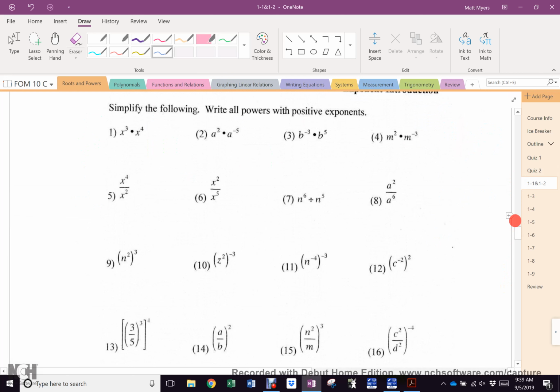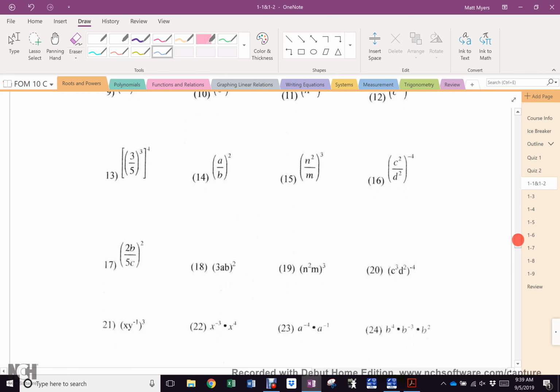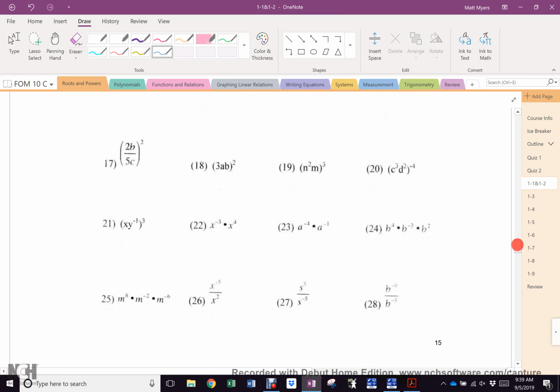Now, there's a couple of things I want to point out because the printing is not so good on your copies. Look at number 23. Can you see that that is a to the negative 4 times a to the negative 1? Look at 26. Can you see that that is x to the negative 5 on the top?